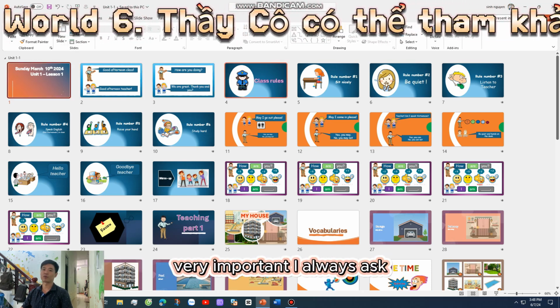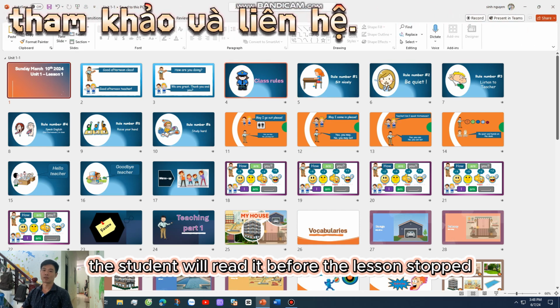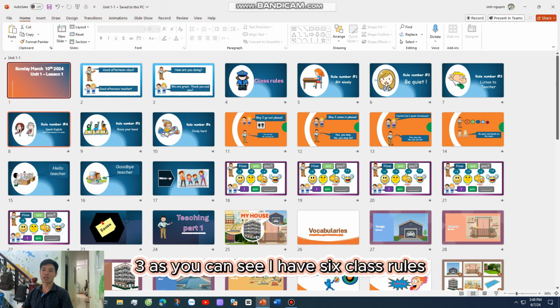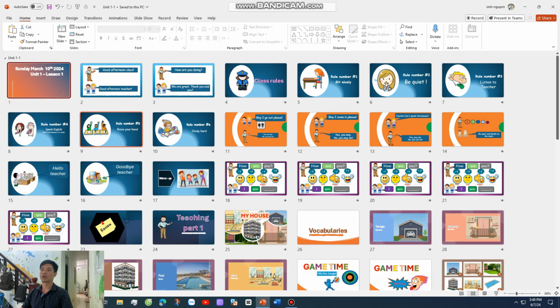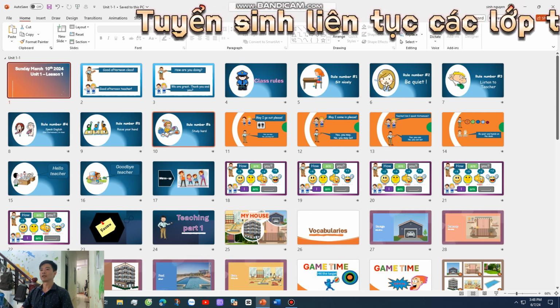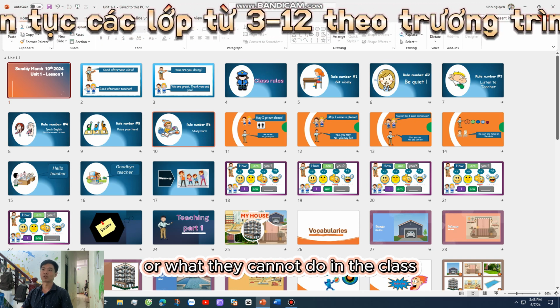The class rules are very important. I always ask the students to read them before the lesson starts. As you can see, I have 6 class rules, and the students always read them, and that helps the students know what they can do or cannot do in the class.